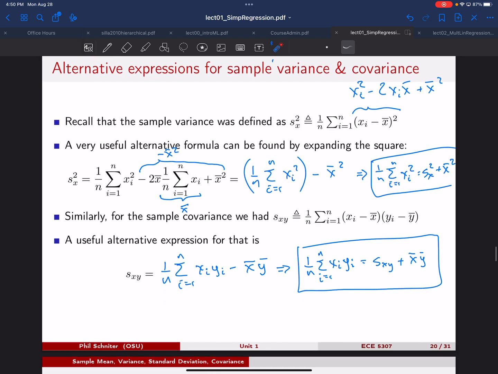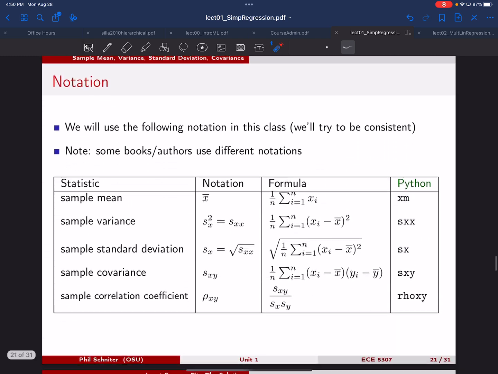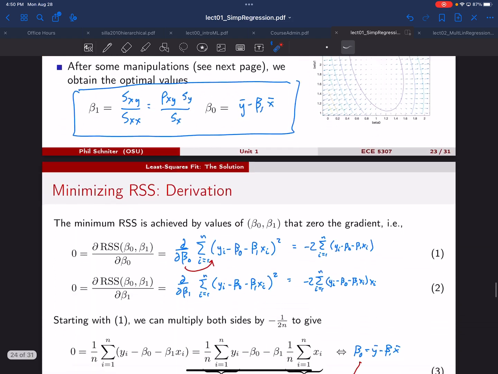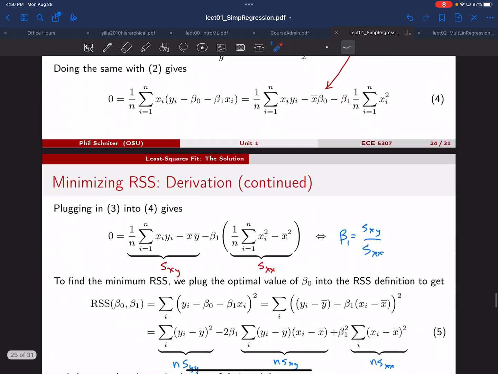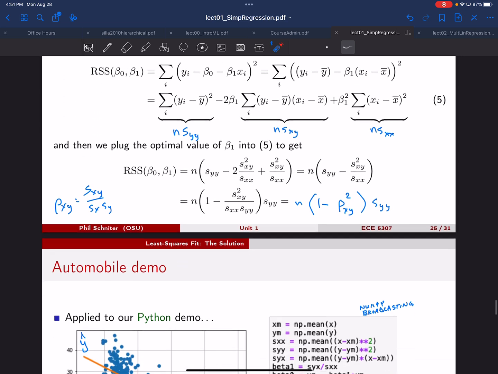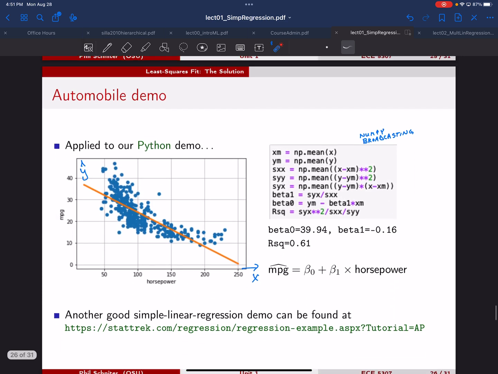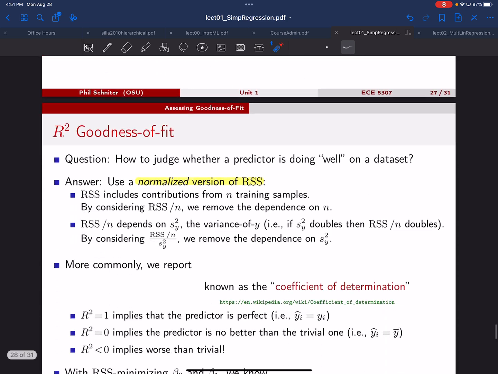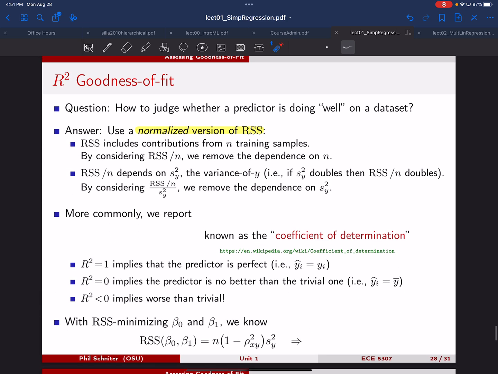There's kind of two names I use for y: the targets or the labels. So the larger y is, like if y are in the size of tens or hundreds or thousands, RSS will grow significantly. So that's what we want to control. So first we said let's consider RSS divided by n.